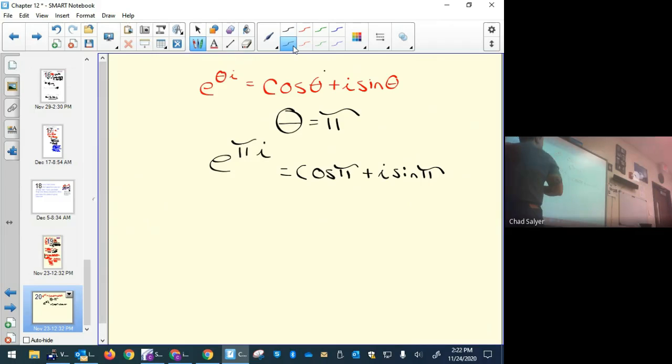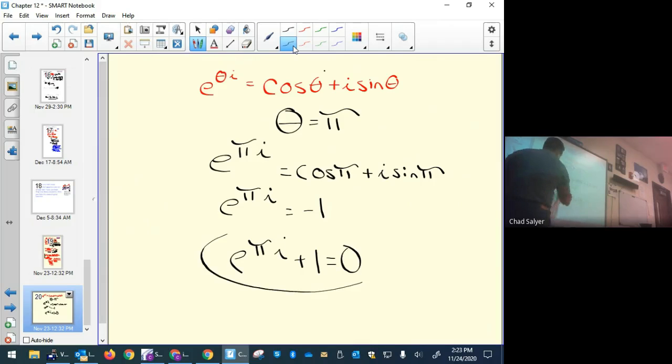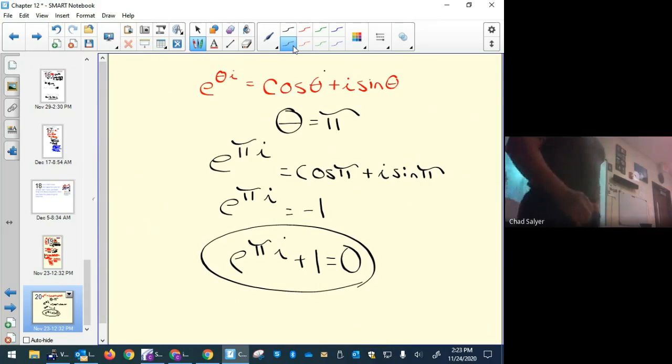So remember that cosine of pi is -1, sine of pi is 0. So this is, or more commonly written as, Euler's God function. In his mind, proof of a higher power.